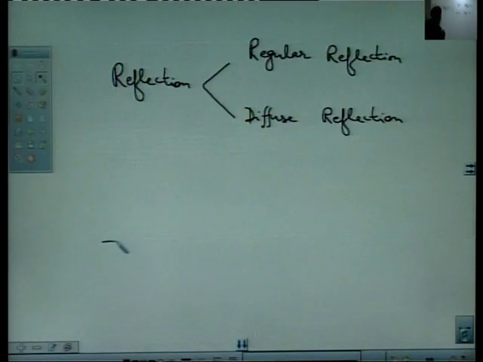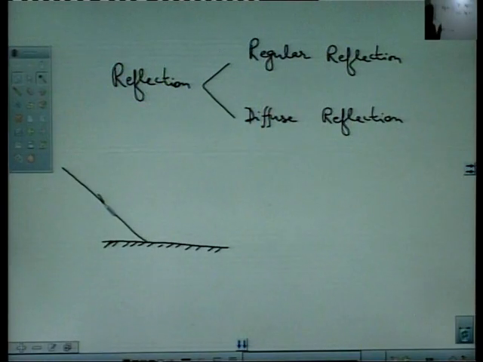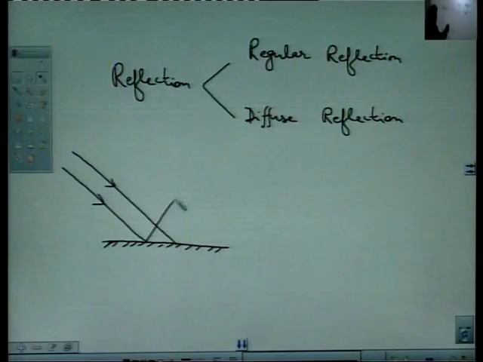If we have a perfectly reflecting surface and a parallel beam of light falls on the surface, it will be reflected in the same direction.